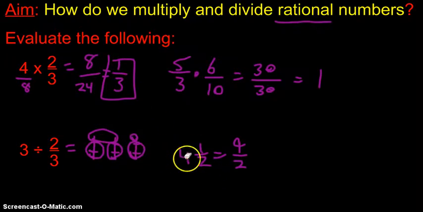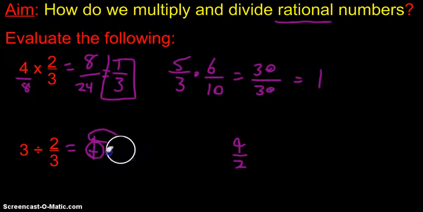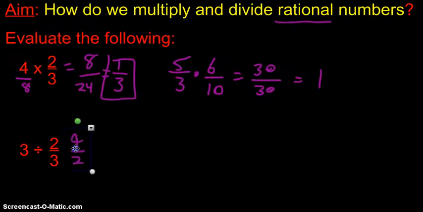So, let's see if there's a connection between these values and this value. 3 times 3 is 9. 1 times 2 is 2. So there's some sort of strange cross multiplication thing going on here. We don't normally do that when we divide fractions.